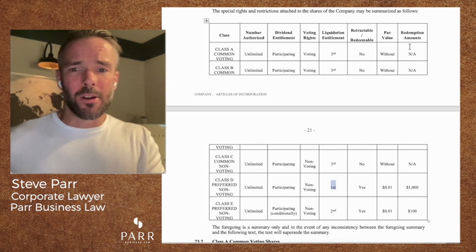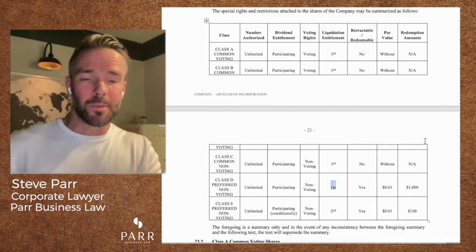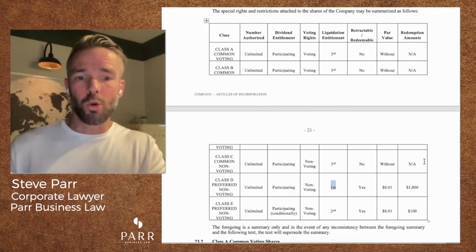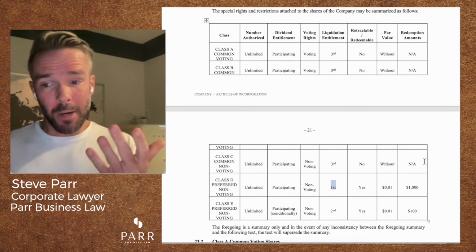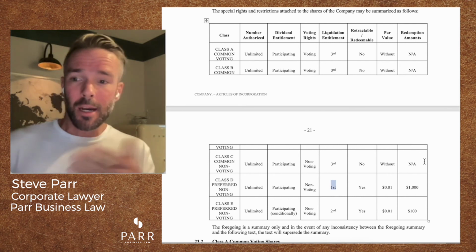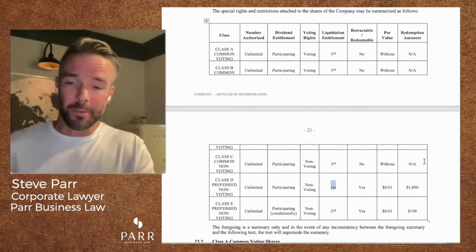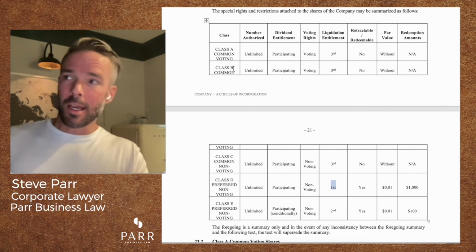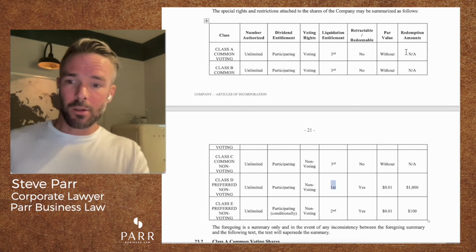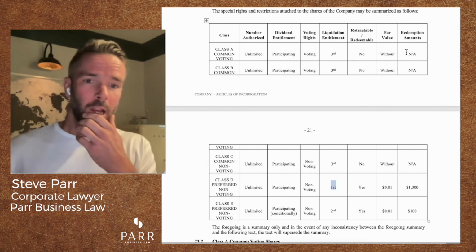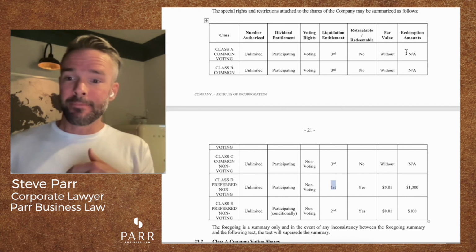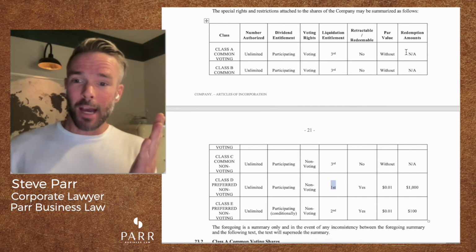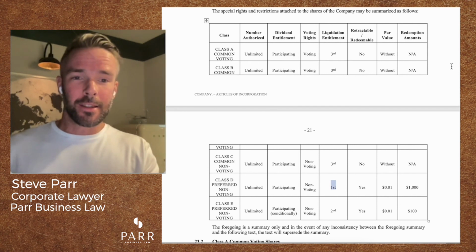Redemption amounts. So these have no redemption amount, which means that there's no required amount that the company can redeem them for. And they're not redeemable either, which means that the company can't go along to the holders of the common shares of the company and say, hey, common shareholders, we want to repurchase those shares. The common shareholders can say, kick rocks, I don't care, and that's all they can do about it.